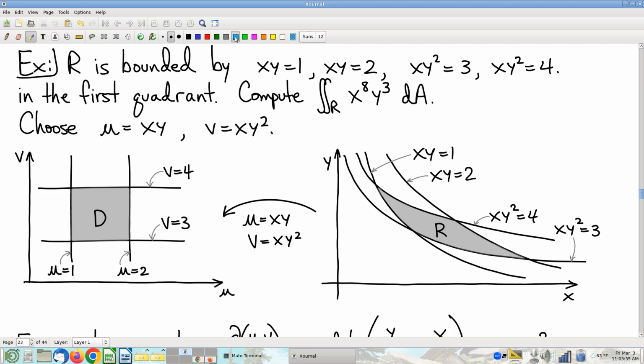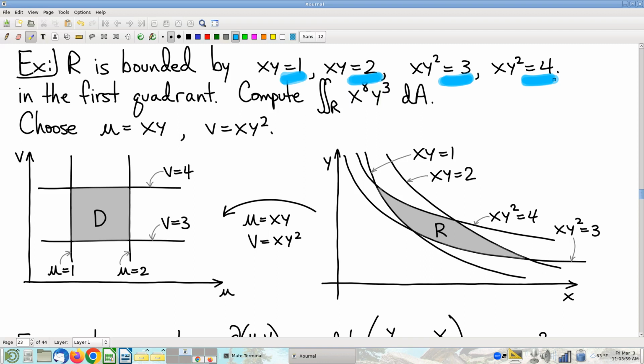Step 1, make sure that your equations are written as level sets. Make sure you've got stuff equals constant. That's a big part of this. If the algebra comes in that form already, as this is, cool. If not, move terms around, do what you've got to do to get stuff equals constant.